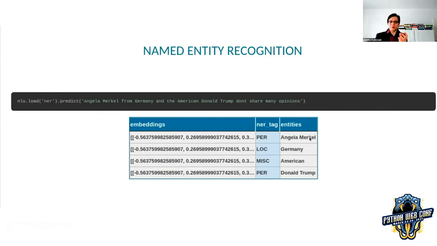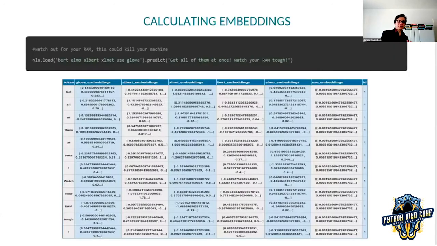So it knows Angela Merkel and Donald Trump are persons. It knows Germany is a location, but American is not a location, so it is in this case a MISC, because it is still a thing with a name. So it's a named entity.